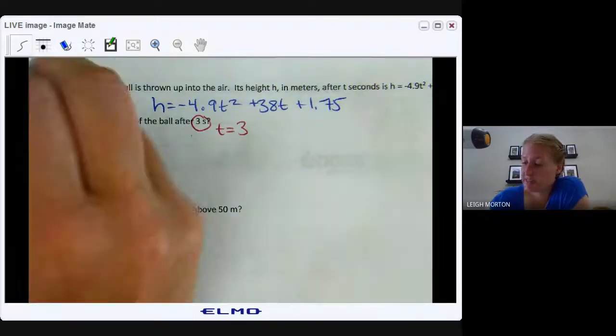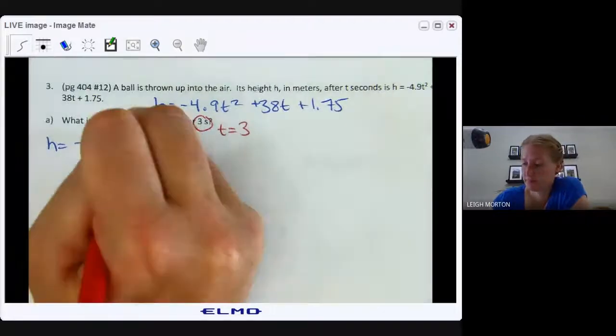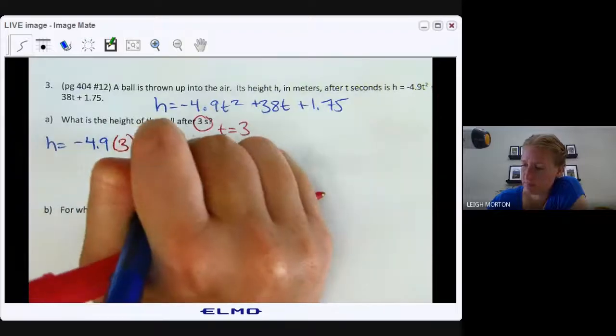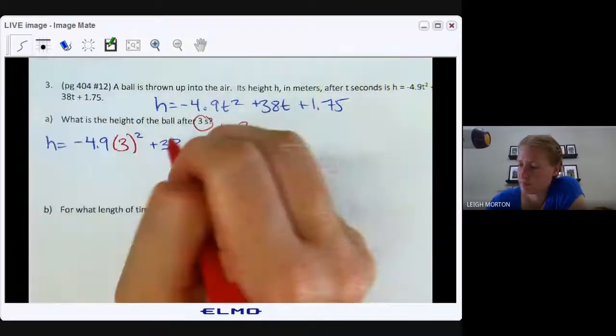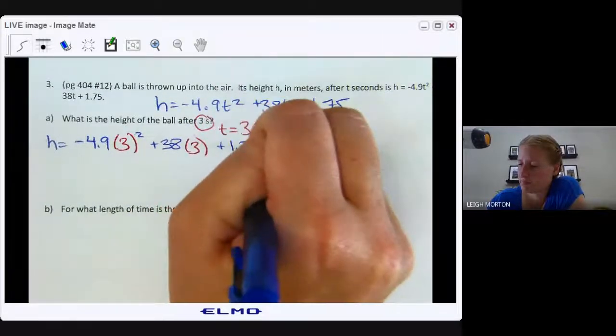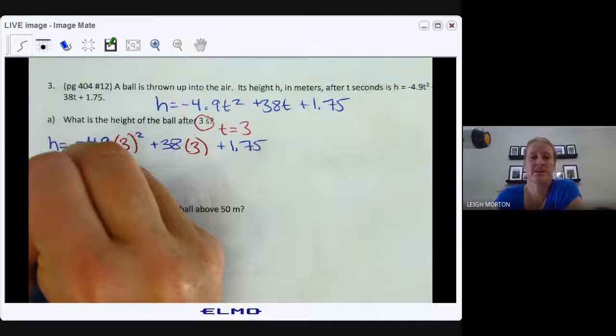So all we're going to do is sub in 3 wherever we see t. And solve. What do you get?